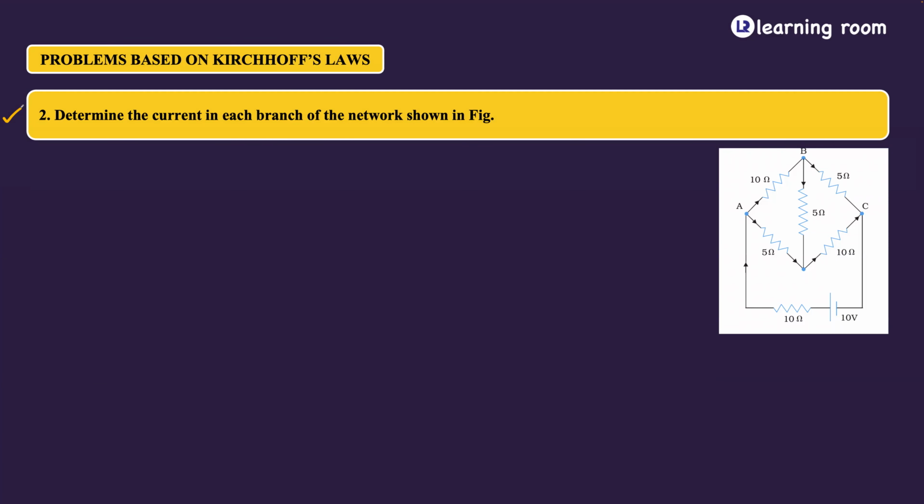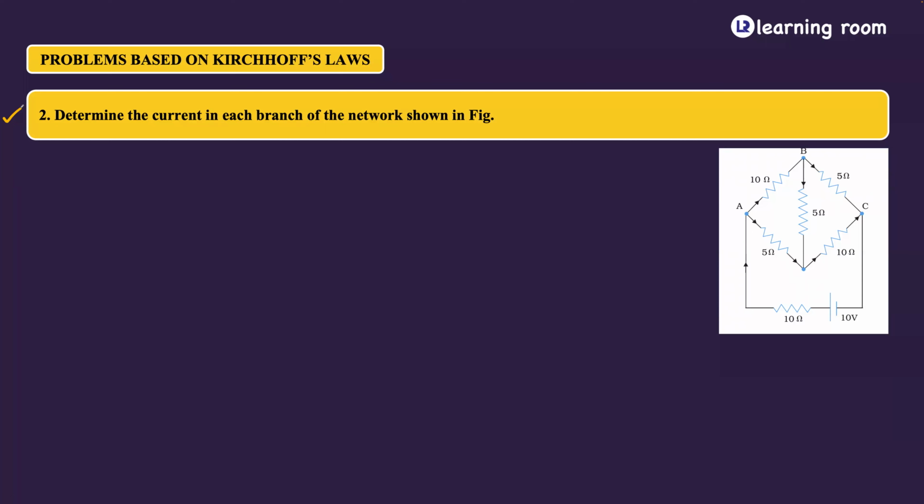First, can I solve this problem using Ohm's law? Yes, we can do it. These two are in parallel, these two are in parallel, these three will become parallel, and that will be in series with this. Then you will be able to find the total current and then split it. That part we can do.